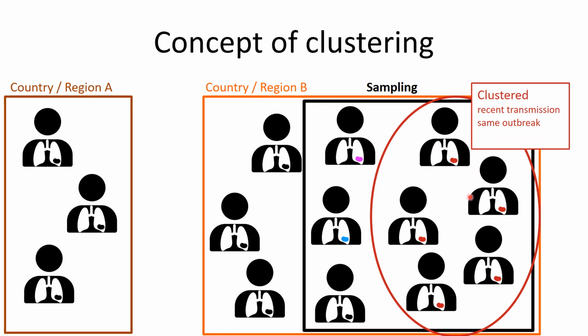Now, we know that there is recent or ongoing transmission of the red strain. So what is happening with the magenta, the blue, and the black strain? We cannot know which strains are infecting these patients here, because of course we did not sample them, but let's imagine we could know.